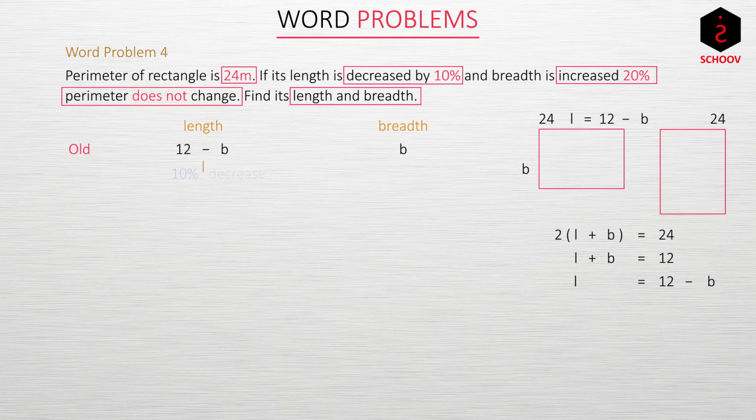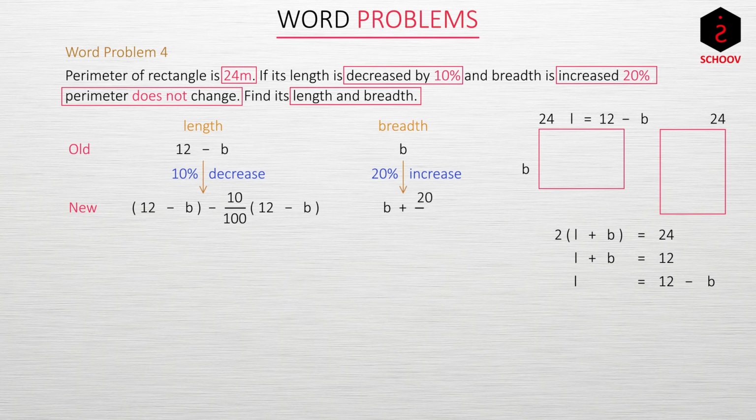And when we decrease and increase, we get the new length, which is 12 minus B minus 10% decrease, which means 10 by 100 into 12 minus B. And the new breadth, B plus 20 by 100 into B. So 10 cancels 100, and in breadth cancel by 10 to get 10 in the denominator.